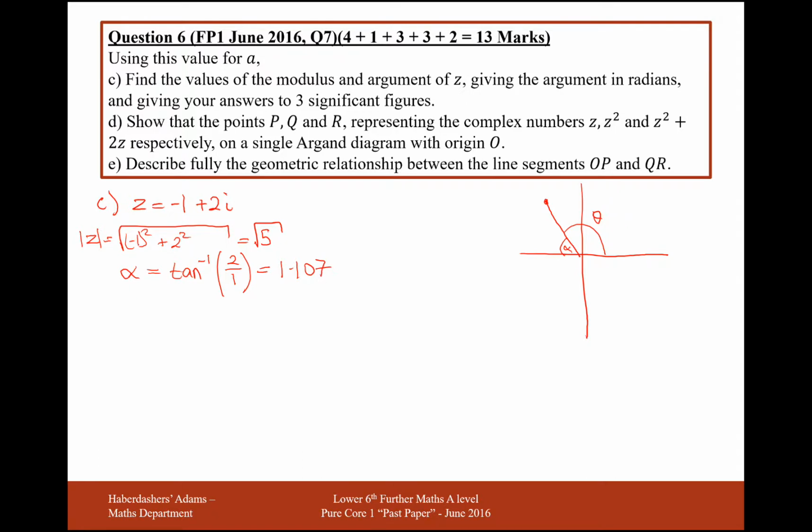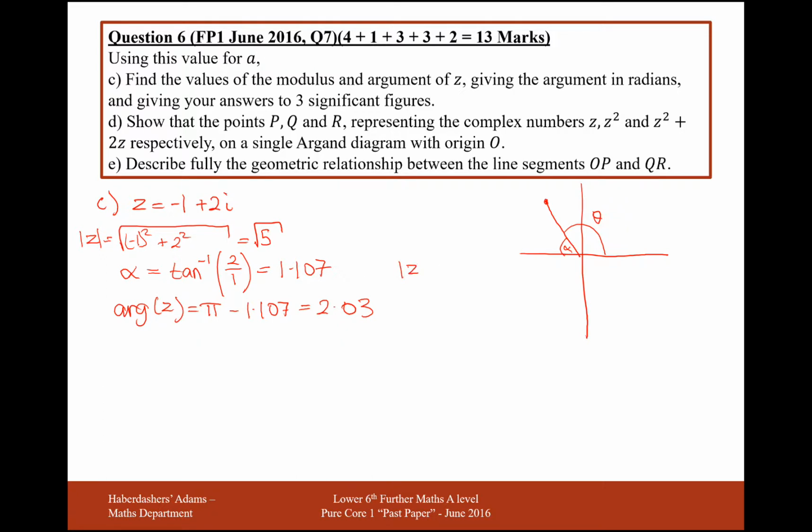However, the argument that I'm looking for here, arg of z, is going to equal pi minus this, as we're on a straight line and we want the angle from the positive real axis round to our complex number. And that will give me 2.03 to 3 significant figures.